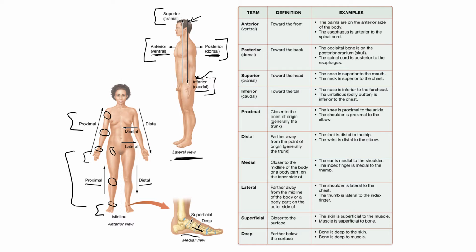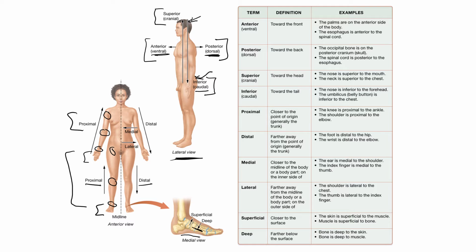The skin is superficial to the bones. There's a layer of fat underneath the skin, so the layer of fat is deep to the skin. The skin is superficial to that subcutaneous layer of fat. That layer of fat is superficial to the bones. The bones are deep to that subcutaneous fat layer.